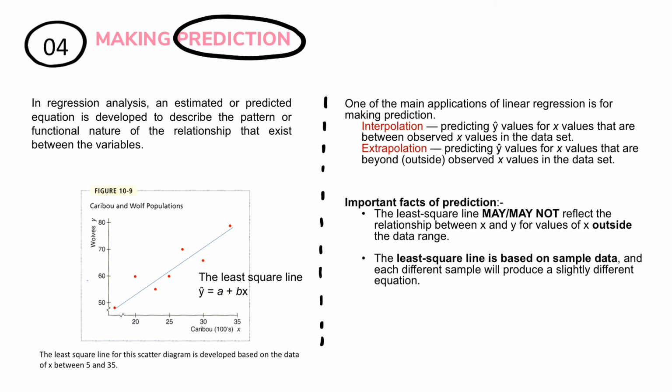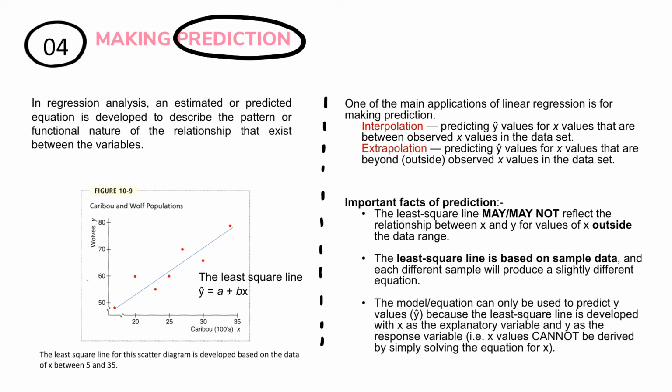Secondly, the least square line is based on sample data, and each different sample will produce a slightly different equation. And lastly, the model or equation can only be used to predict the y values because the least square line is developed with x as the explanatory variable and y as the response variable.